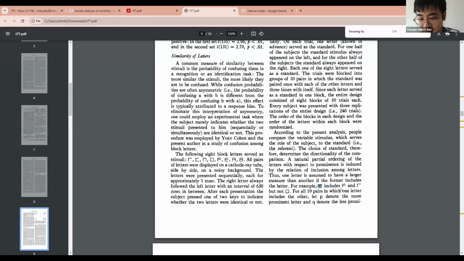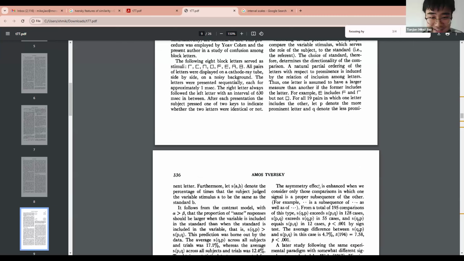You just need a little more horizontal line to form letter E. So letter E is more salient than letter F, and you are more likely to make a mistake. If it's the reverse, if you see letter F first and then letter E, you are less likely to make a mistake because in some sense they are less similar to each other. So that's quite interesting as well. That's what they found.